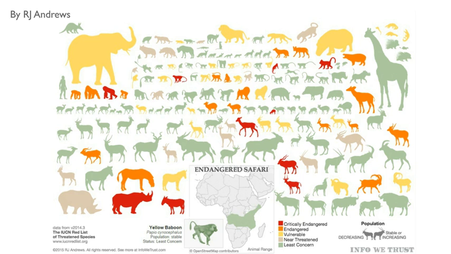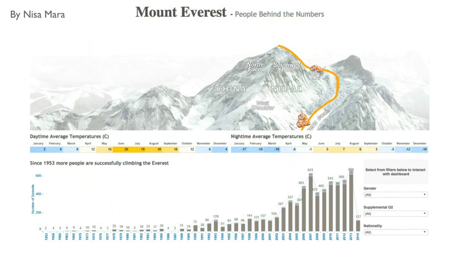Here's another one here by Nisa Mara. I love this one because I like to climb mountains. Probably not Mount Everest. That maybe is a little much for me, but she's showing the pathway up Everest and how many people have successfully climbed it over the decades, over the years. And you can see this big spike since the turn of the millennium at the bottom timeline there and people that have climbed Mount Everest. But it also is including an image of this place itself, a remarkable place.